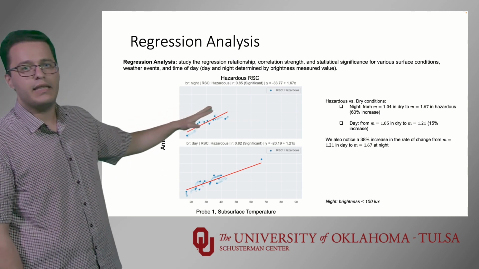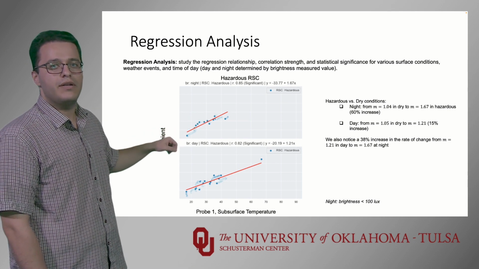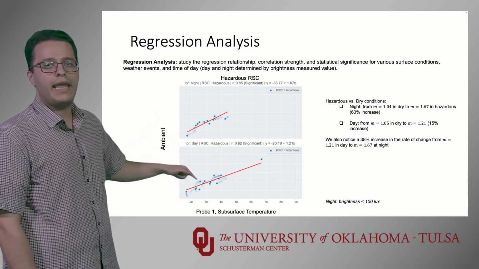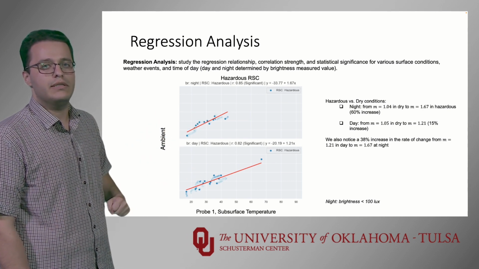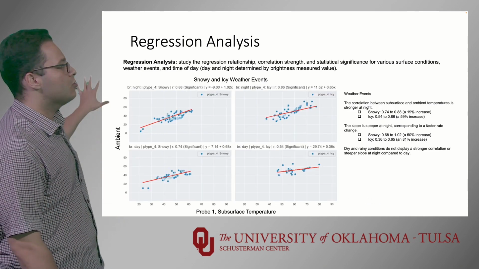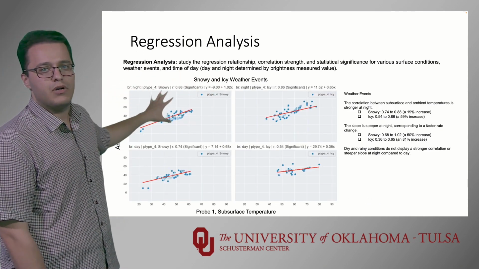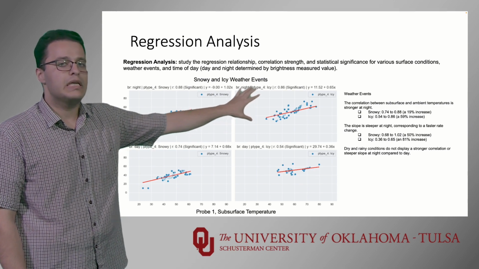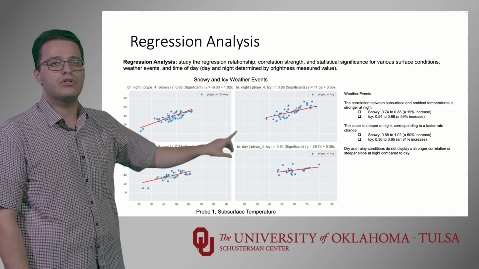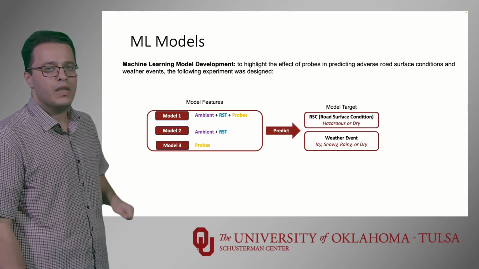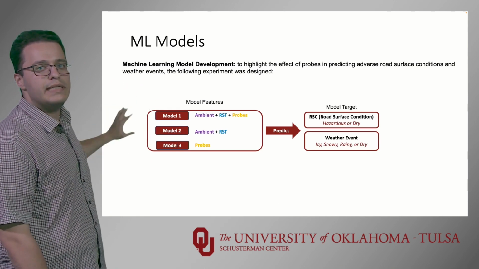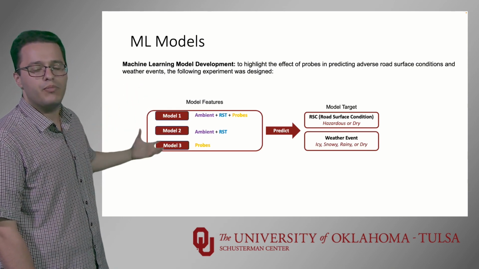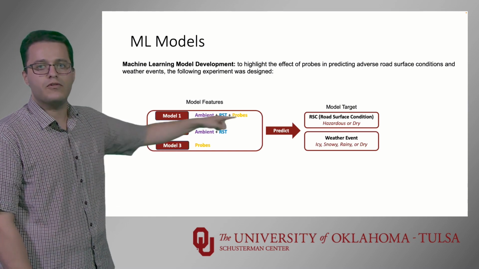We notice that during the night, there's a 60% increase in the rate of change compared to its dry equivalent and 15% increase during the day. The data also exhibits stronger and faster rates of change during the night compared to day for snowy and icy conditions.